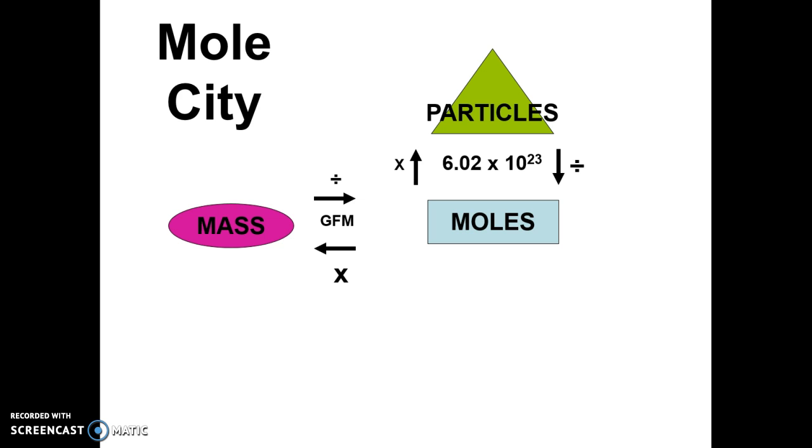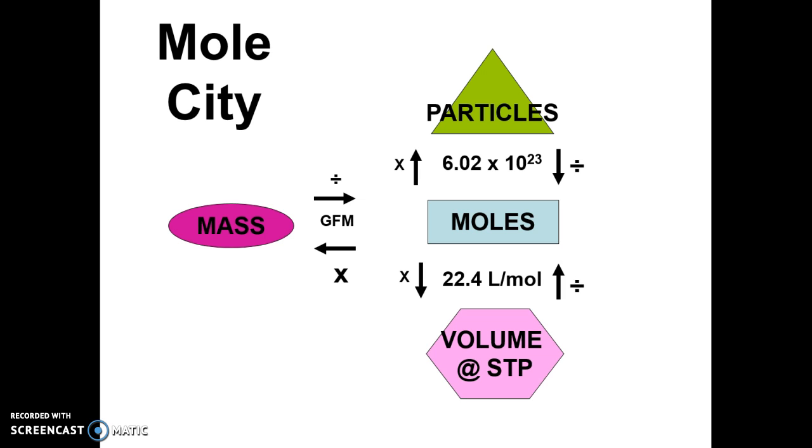In this case, it doesn't matter what the particle is, because a mole by definition is 6.02 times 10 to the 23rd particles. Today we're adding in conversions for volume at STP, where the conversion factor between moles and volume at STP is 22.4 liters per mole. Take a minute to add this to your mole city.